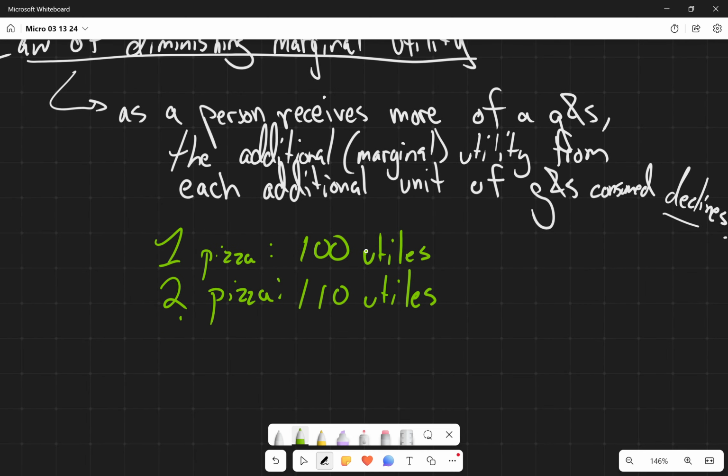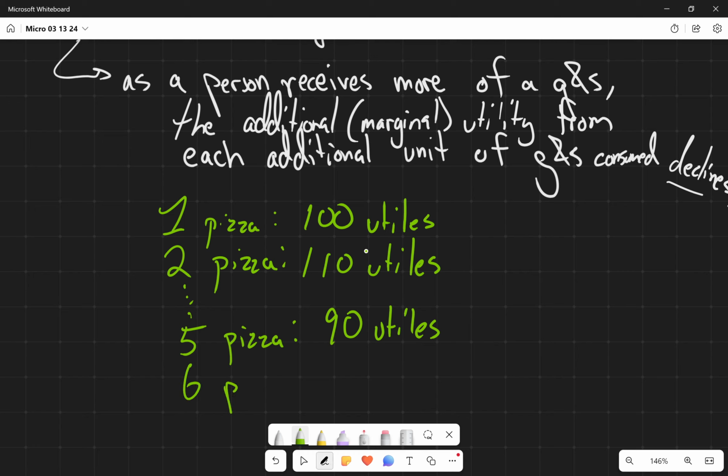But at a certain point, the fifth slice of pizza is now at maybe 90 utils. The sixth slice of pizza, oh, now I'm getting full. I've got a little bit of heartburn, but I'm still enjoying it. But maybe I'm only getting a slight amount of satisfaction compared to the extra cost in terms of sluggishness and just that greasy feeling from all this pizza.